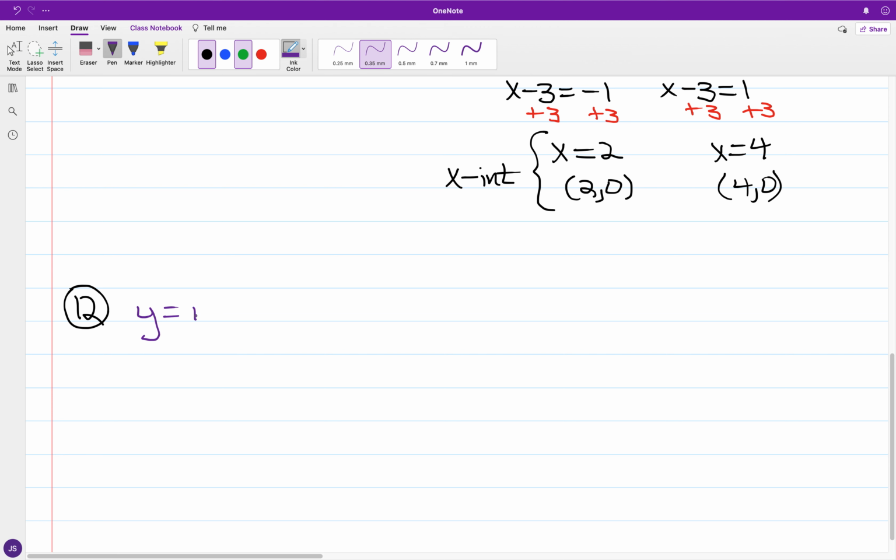So again, we have y is equal to r of x, and for the function given in number 12, r of x is equal to 1/2 of (x plus 2) quantity squared.